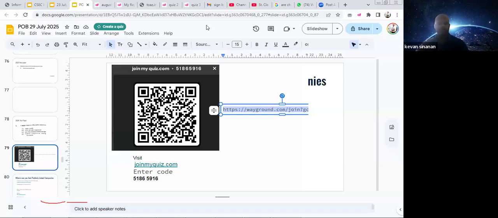Wait for it to pull up on my side. I could do this quiz with you all real quick. What is the code? The code is 518-659-16.